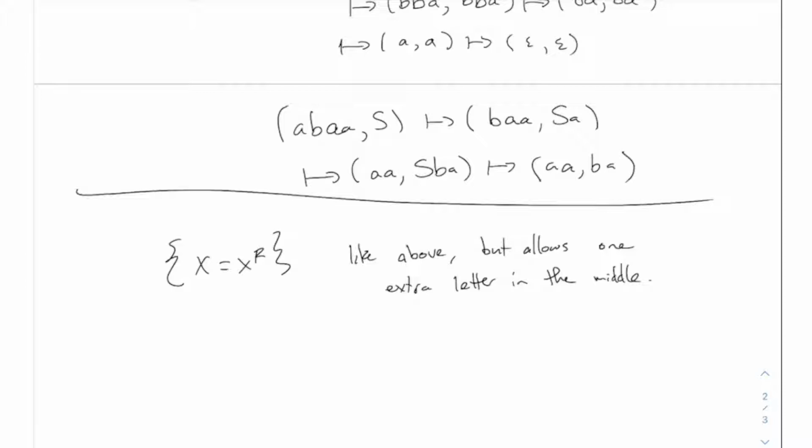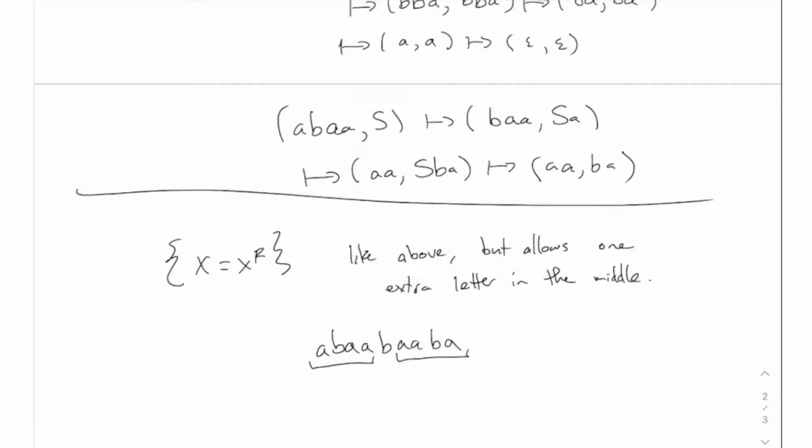Anyone want to suggest a simple variation? If there's one extra letter in the middle, wouldn't that make them not the same? Sort of. It could be something like A, B, A, B, A, B, A. So to break it down in this case, it breaks down like that, right? And then you have this extra thing in the middle.